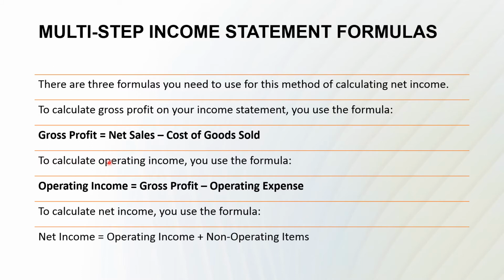To calculate the operating income, operating income is equal to gross profit less operating expenses. And to calculate the net income, net income is equal to operating income plus non-operating items.